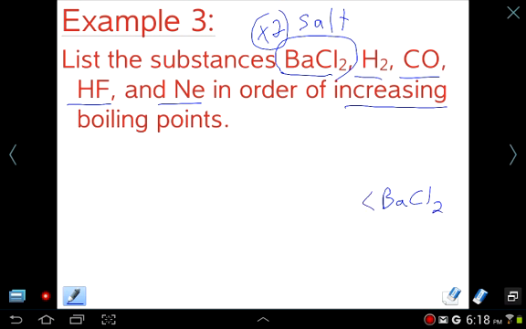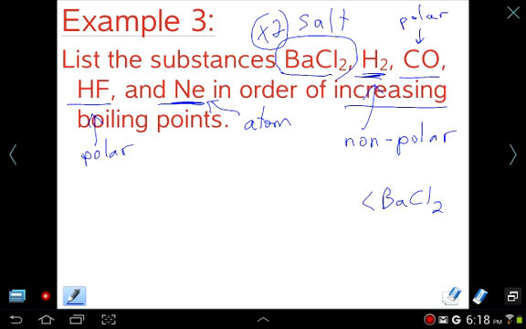At the lower end, we have the two smallest ones, neon and hydrogen. Now, CO is polar, because you have two different elements attached. Hydrogen fluoride is also polar, whereas neon is just an atom, and hydrogen is also nonpolar.